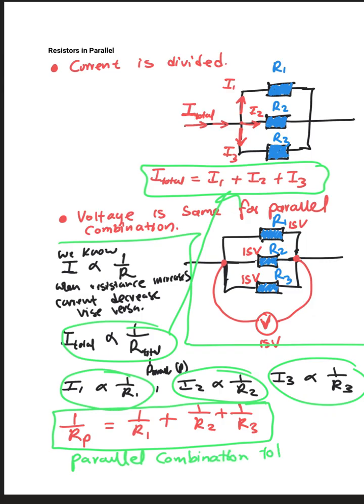So do you see where the formula comes from? This is how the formula is derived. So when we want to determine the total resistance in a parallel combination, we're going to use this formula.